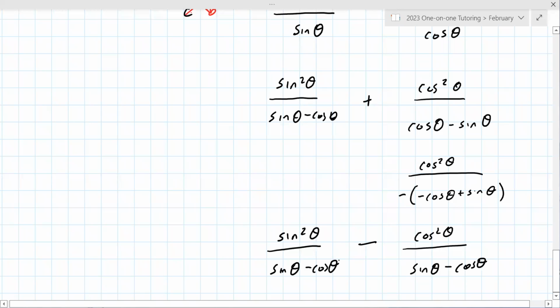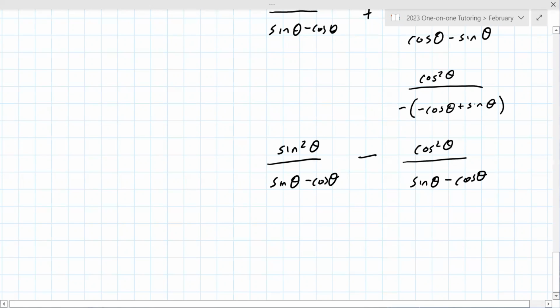Is that okay? All right. So now what can you do? You can combine them now, right? Yes. Sine squared theta minus cosine squared theta over sine theta minus cosine theta.